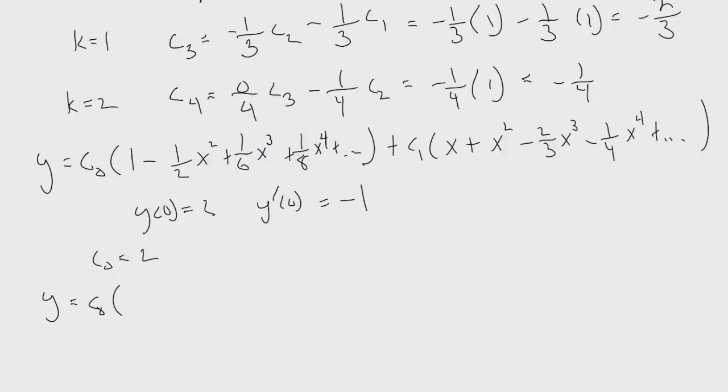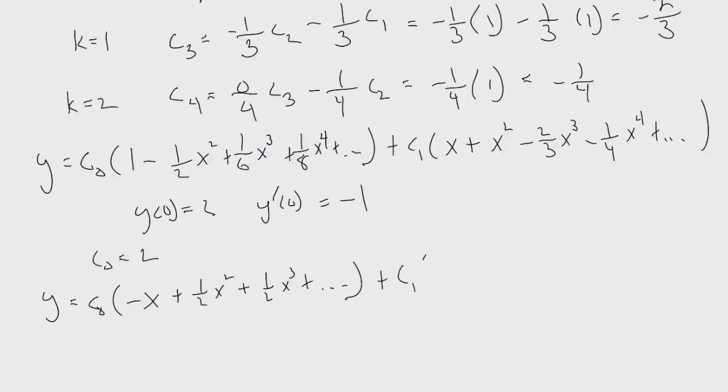We get derivative of 1 is 0, minus 1/2 times 2 to the first power, so that's minus x, plus 3 over 6, so 1/2 x squared, plus 1/2 x cubed, plus dot dot dot.